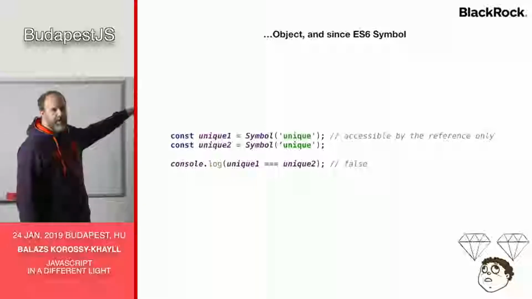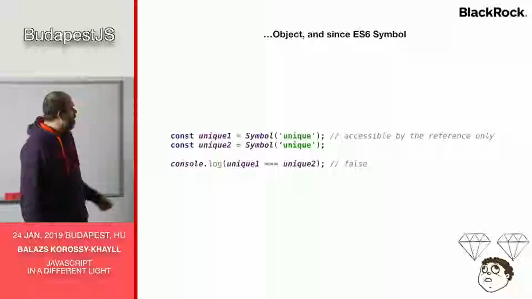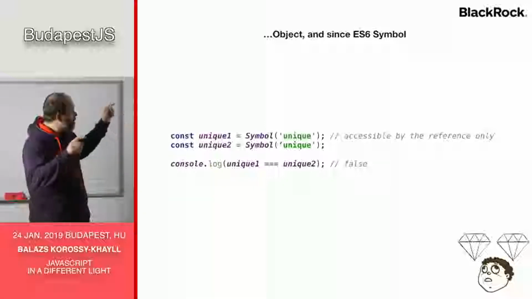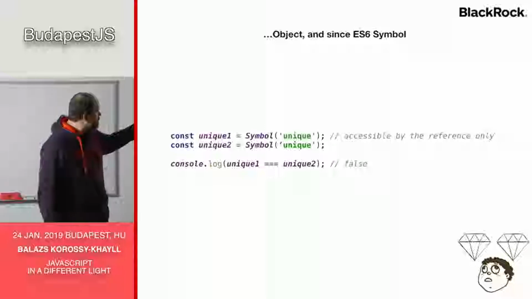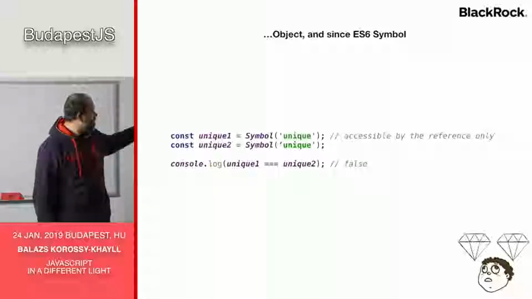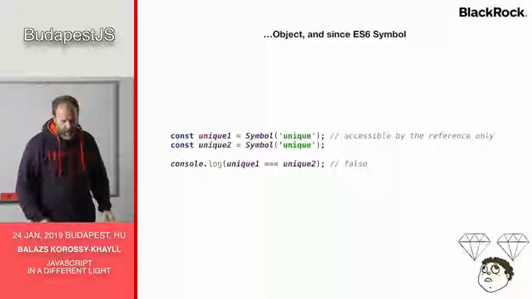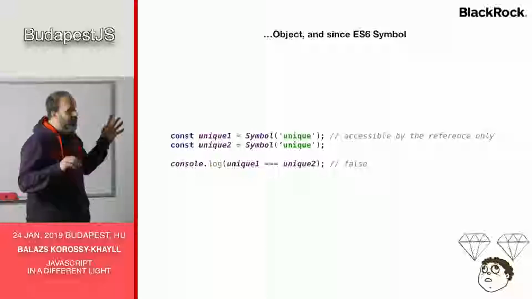Notice that there is no new keyword there, so it's a static method, and it returns a reference to a unique value, and the text in the apostrophes is the description of this symbol. If you create two symbols with the same description, they're not going to be equal. So the only way to access the symbol is by the reference.